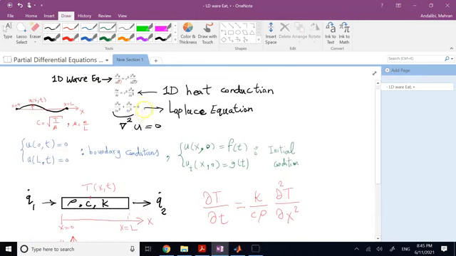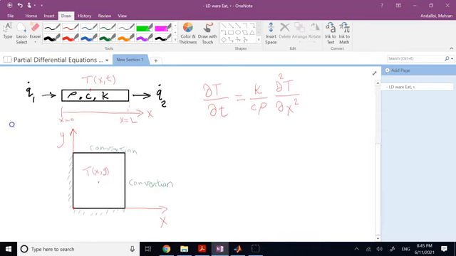But when the time goes on and the solution is stabilized, which means the temperature at any point does not change anymore with respect to time, then we call it steady state. Which means T does not depend on time anymore.